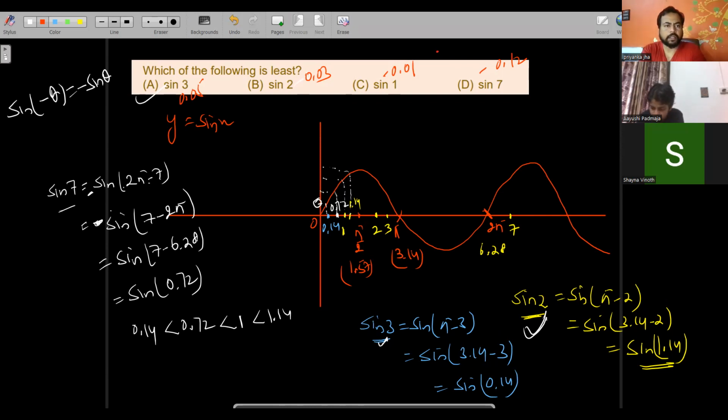So the answer is sine 3 only. So I searched up the question and it says sine 3. The value of sine 3 is 0.14.